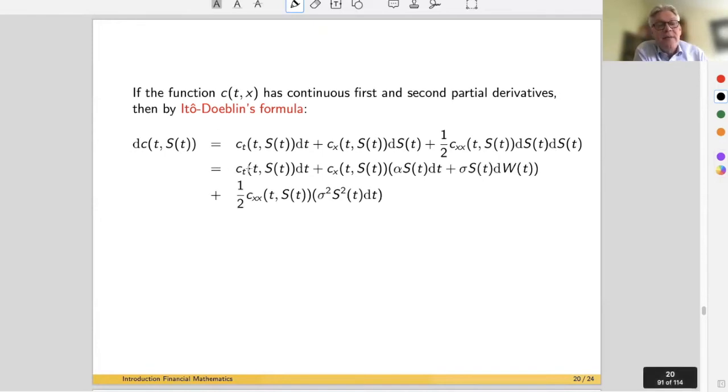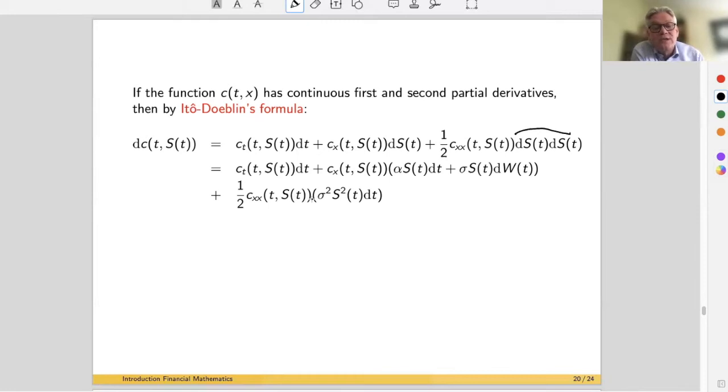dC/dt remains dt. Then for dS we substitute alpha S dt plus sigma S dW_t. So we have dC/dx, or dC/dS if you wish, times alpha S dt plus sigma S dW_t. And for the last term related to the second derivative, we substitute the quadratic variation.